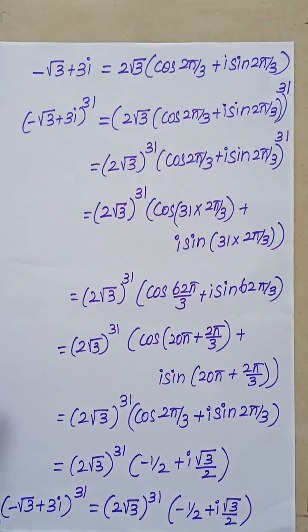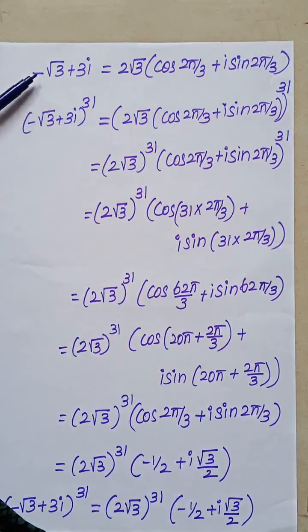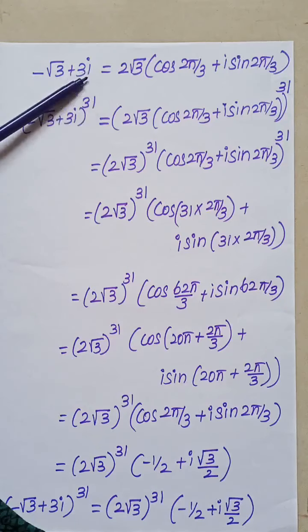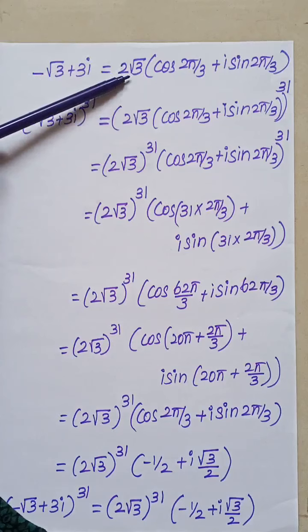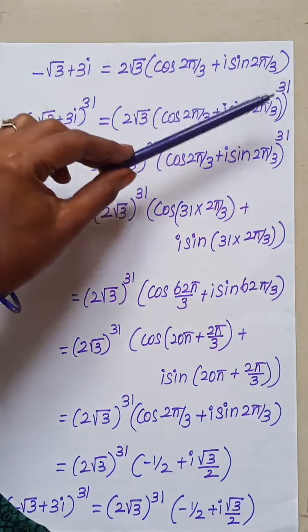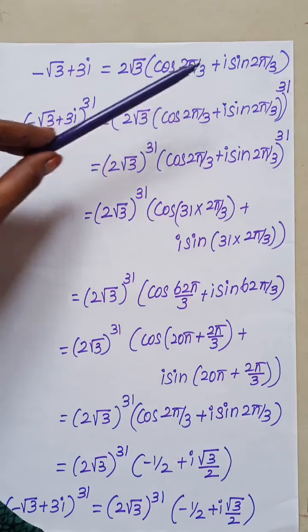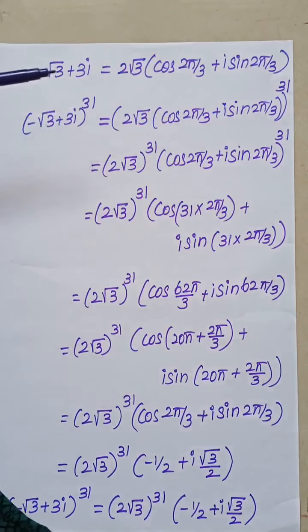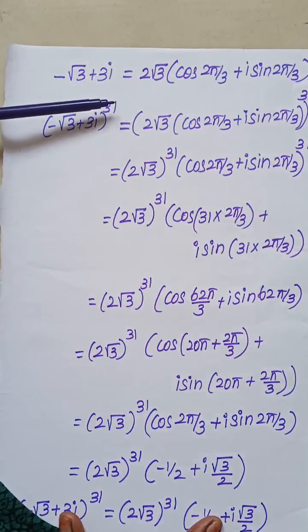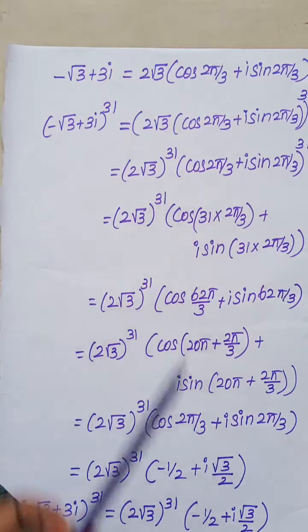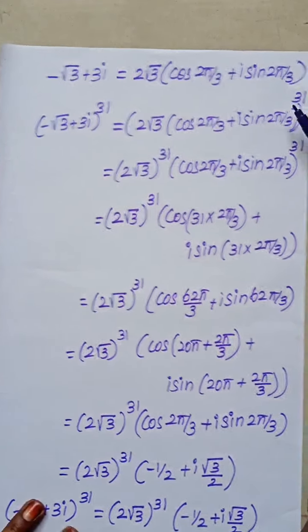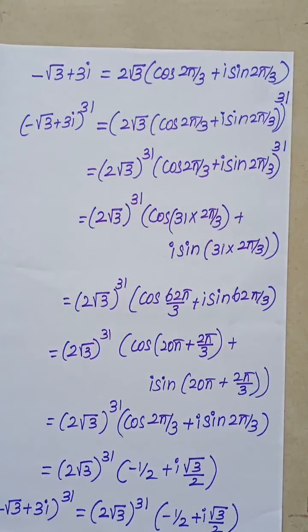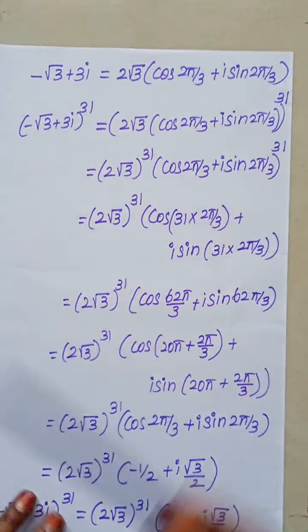Once again, see, we found the value of minus root 3 plus 3i in polar form, R into cos theta plus I sin theta. We found the value of R and theta and substituted in polar form. Then, as the question says, taking the whole power 31, the right-hand side is also taken to the whole power 31 and written as a separate power.